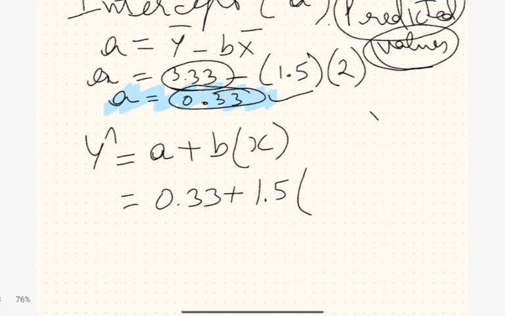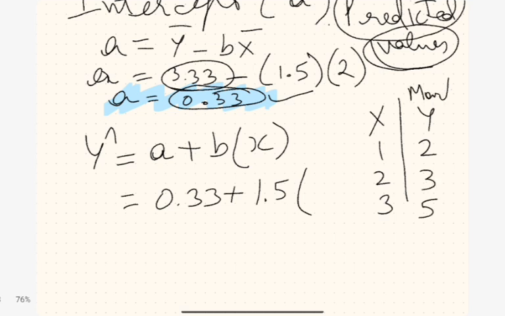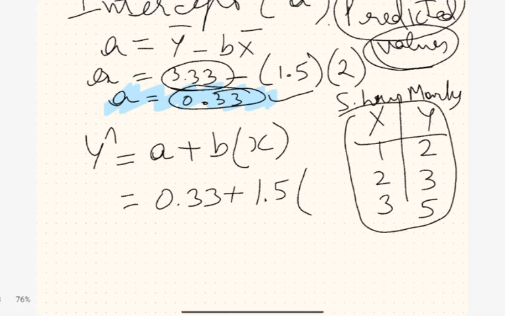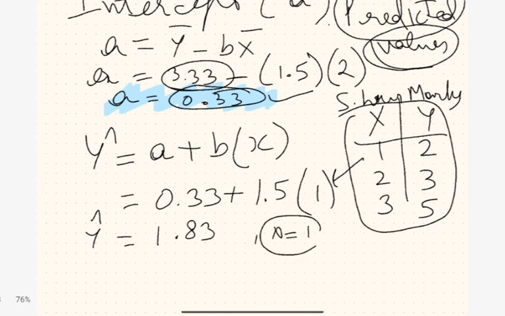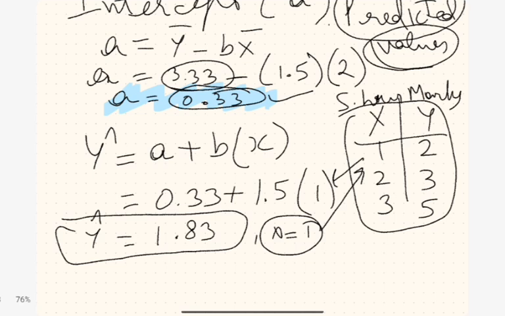Now if you remember, x was 1, 2, 3 hours and y was 2, 3 and 5. These were the marks, and these are the study hours. So this was our sample data. Putting the first value of x, that is 1, you get 1.83. This is the predicted value of y when x is 1, though the actual value is 2.